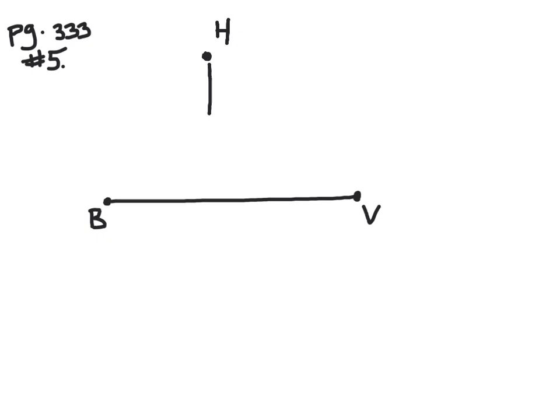So from the hot air balloon to the ground, now the ground doesn't have to be somewhere on this line from B to V. The ground could be somewhere off in the distance out here, and this is actually 226. I could call this S for shadow of where the hot air balloon is. So potentially you have a triangle on the ground from Beamsville to the shadow of the hot air balloon, Beamsville to Vineland, and you have a line from Vineland to the shadow of the hot air balloon.